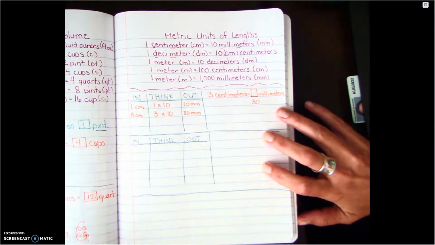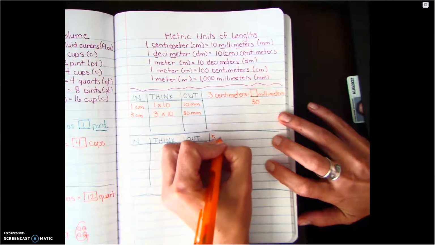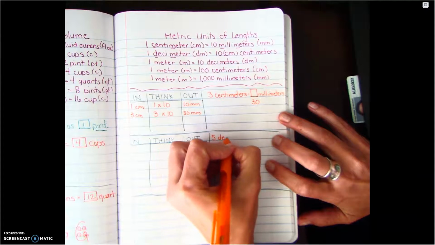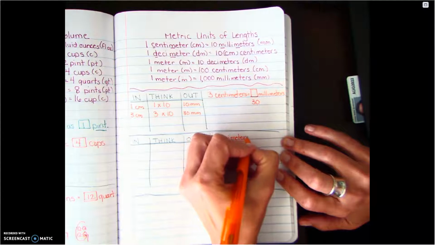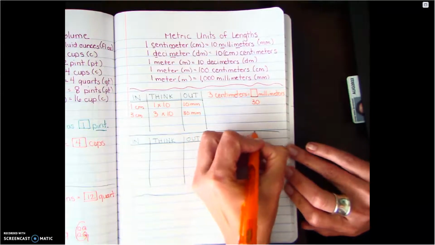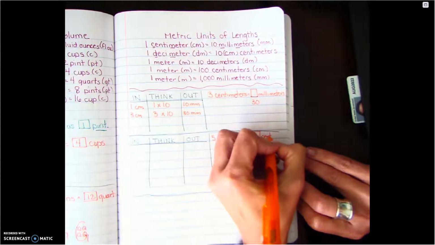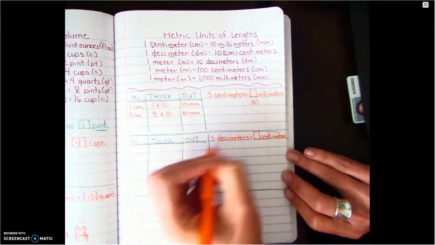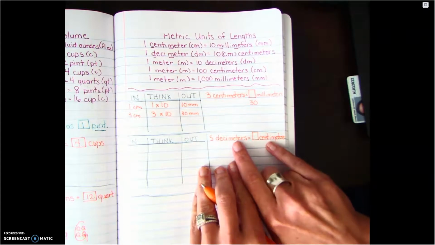All right, and our problem is going to be, I want to know how many centimeters are 5 decimeters. Okay, so I got to find where it says decimeters to centimeters.